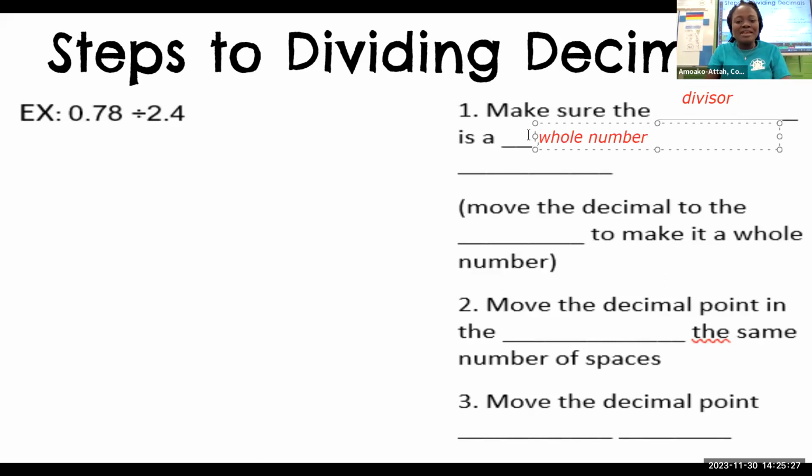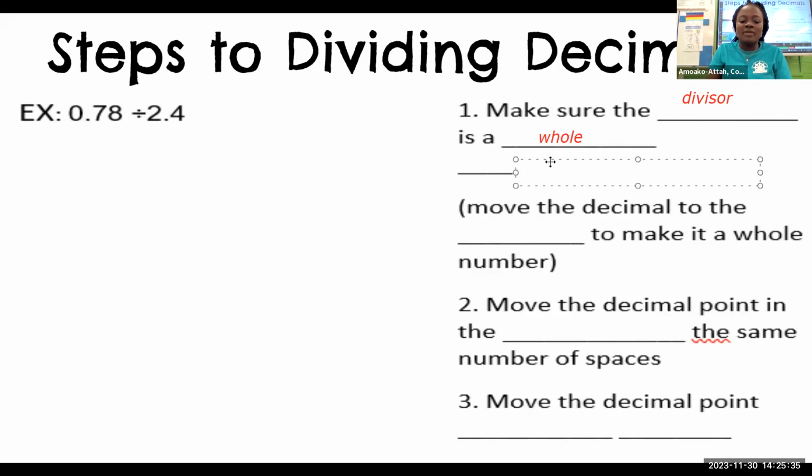Anyways, when you say divisor, what does it even mean? Divisor means the number that is being divided by, right? The number divided by. Great.